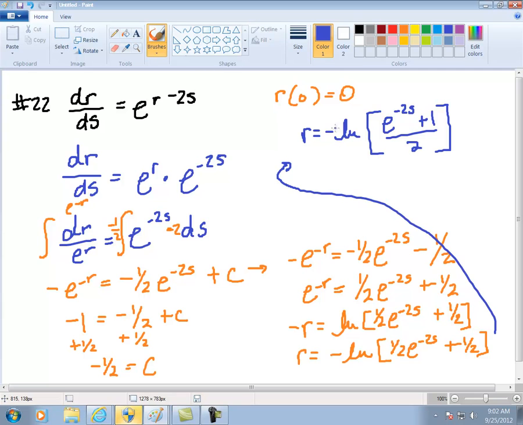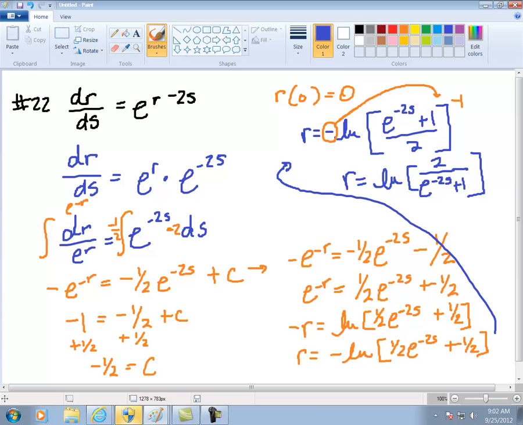And now with this negative over here, remember that our laws of logs say that this is actually an exponent, so it raises this to the -1. And when we raise this to the -1, that's going to actually give us the reciprocal of this. So it's going to be r equal to the natural log of 2 over e to the minus 2s plus 1. So that would be my final answer.